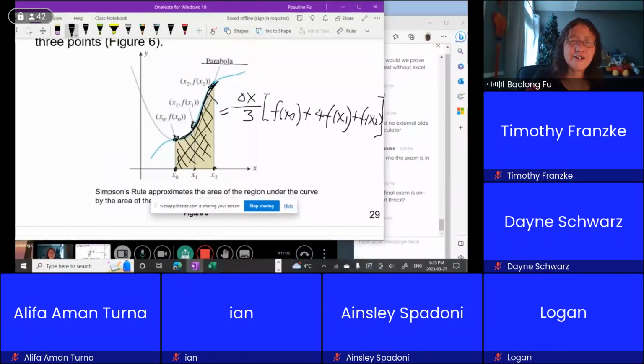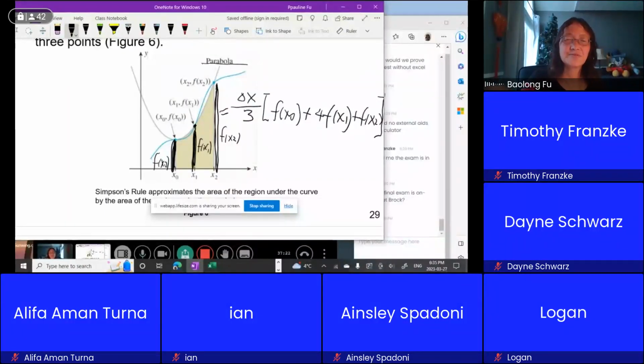And where is my f0? See, this is f(x0), this is f(x1), and this is f(x2). And these 3 points are located on a parabola. So this is just this part.